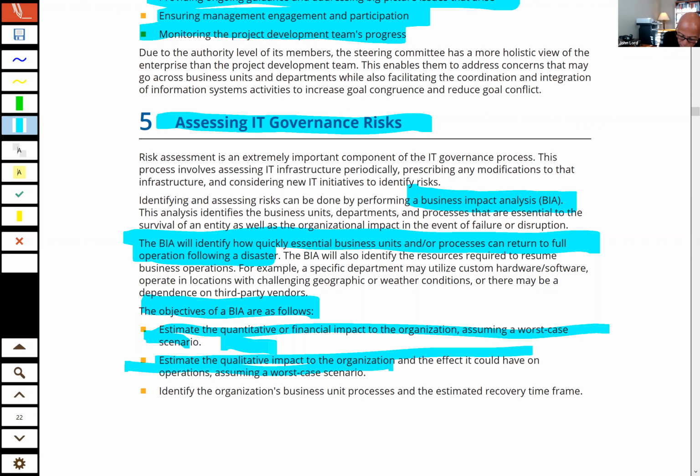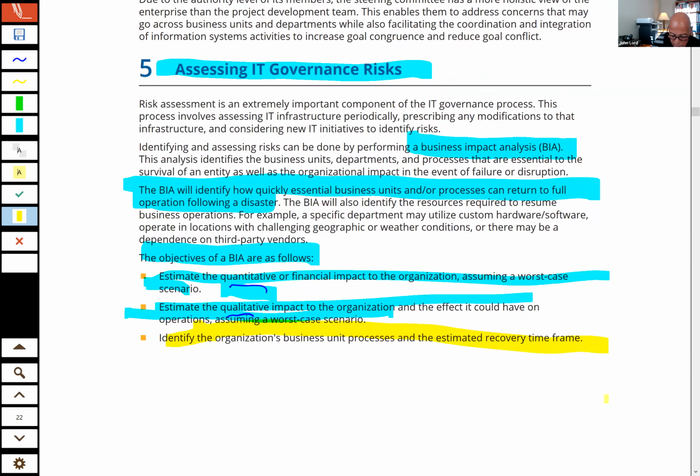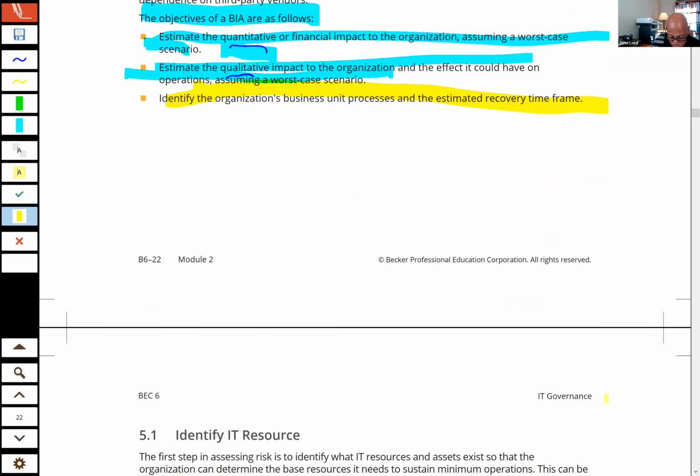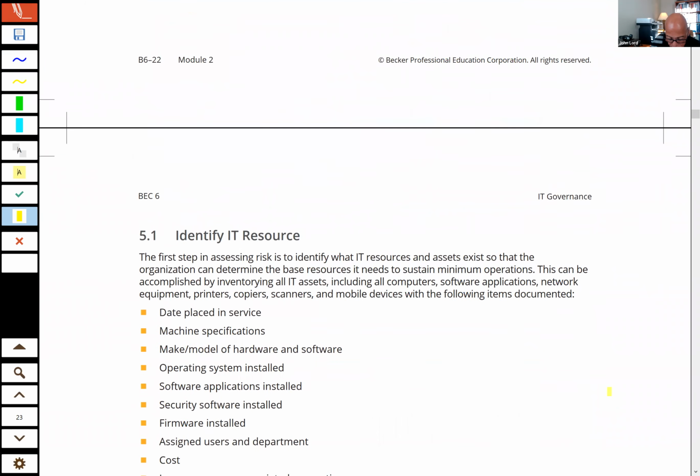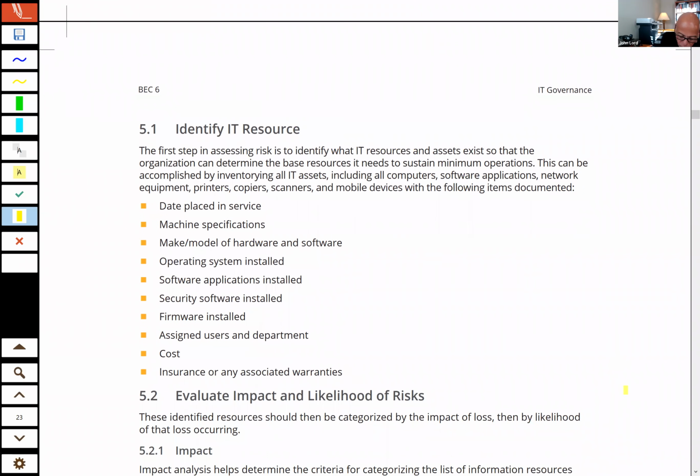So we consider both quantitative and qualitative aspects, right? And then identify the organization's business unit processes and estimate the recovery time frame. That's what we're trying to do. How quickly can we recover from some sort of problem?